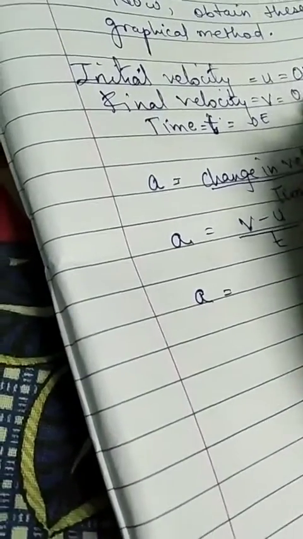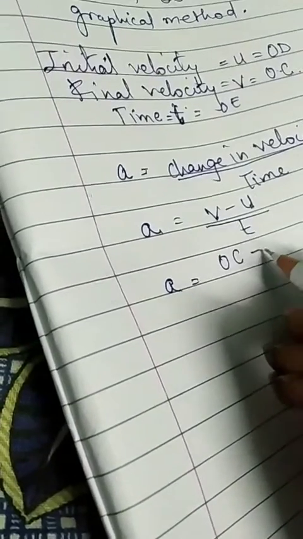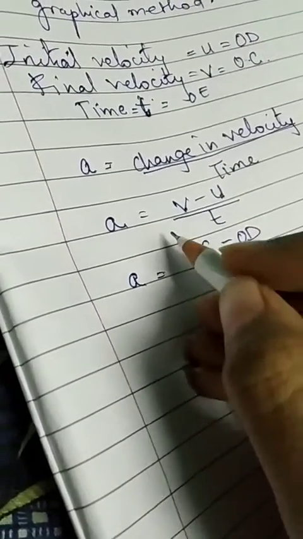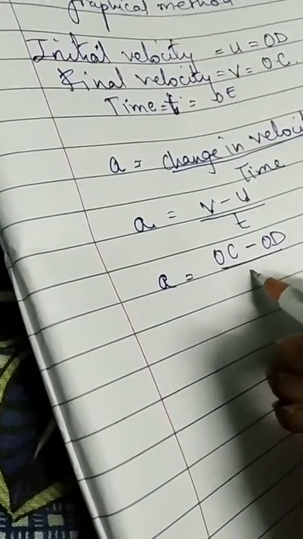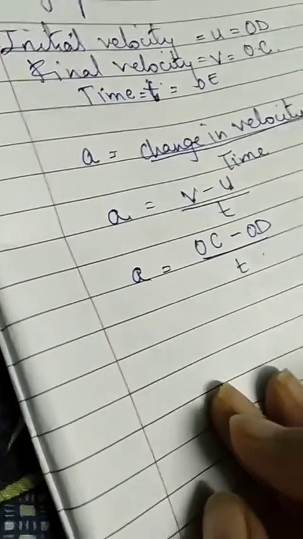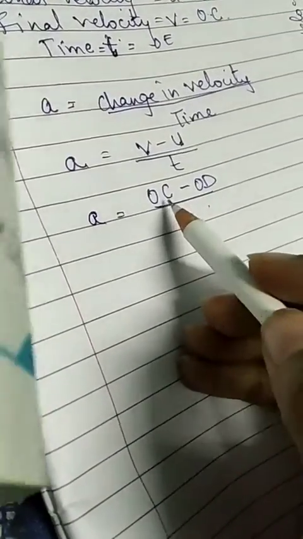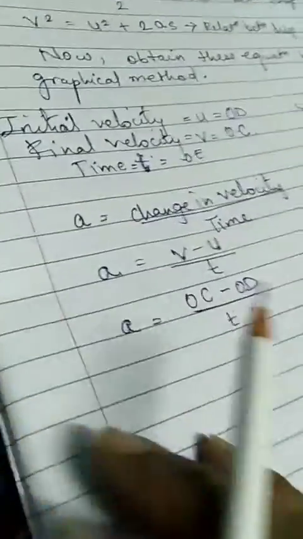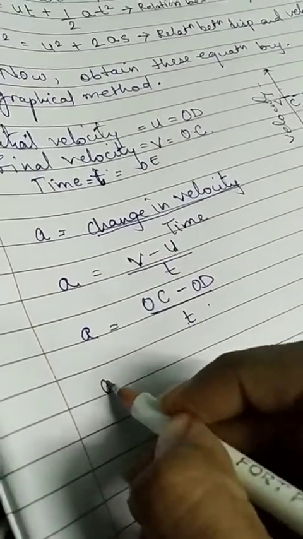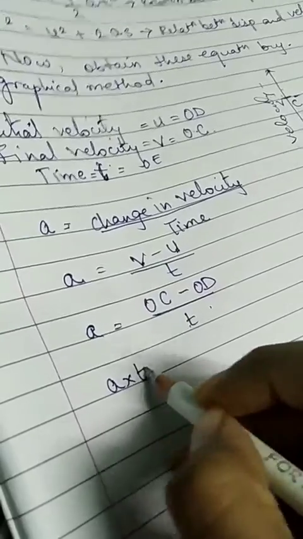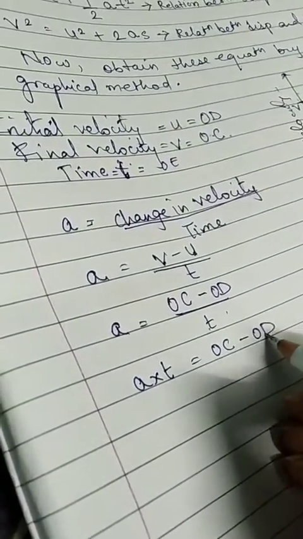Now what is V? It is OC. And what is U? It is OD. And what is T? Let this T be as it is. Take this T over here. A into T is equal to OC minus OD.